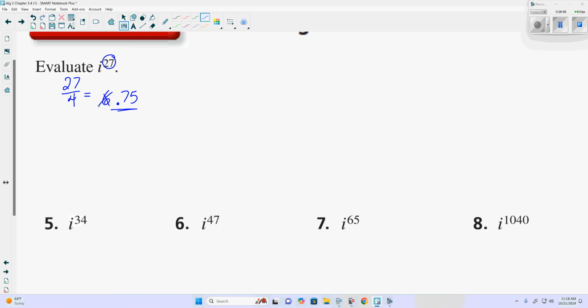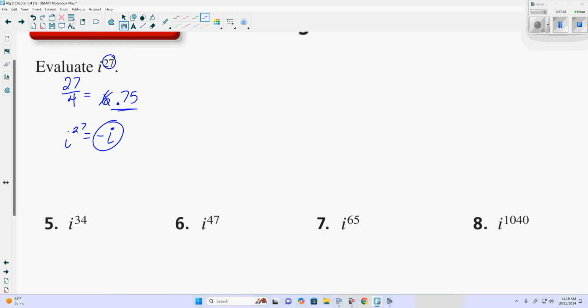So if we look at that there, 0.75 is -i. So it tells us that i to the 27 reduces to -i. We're not too much concerned about the 6. 6 just tells us we go through this cycle of 4 six times. But our i to the 27th gives us -i.